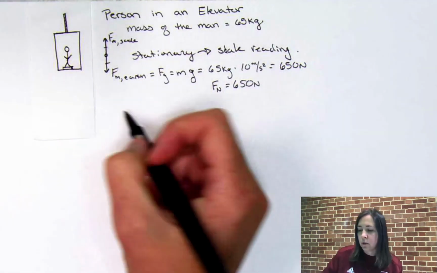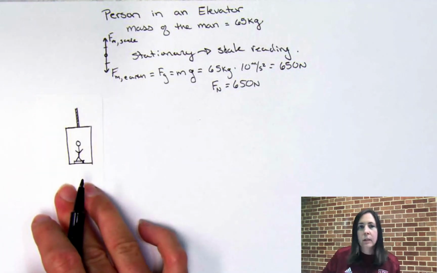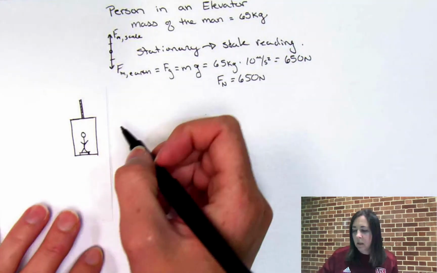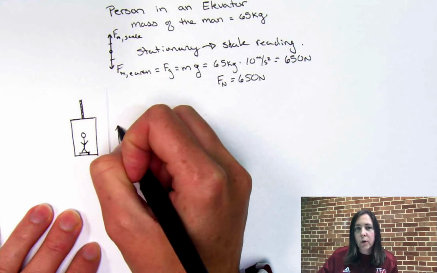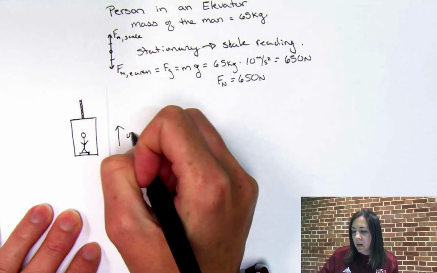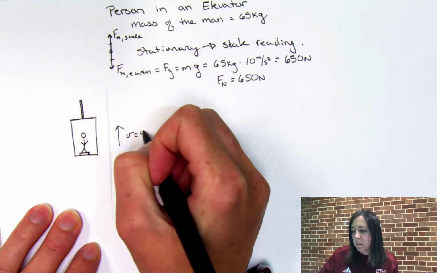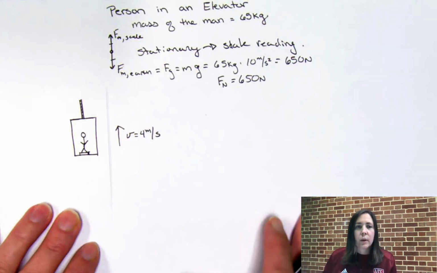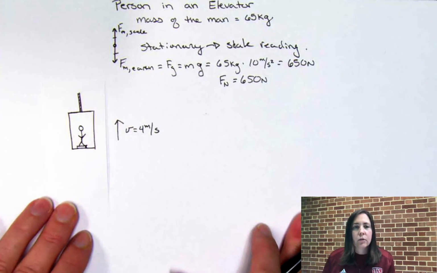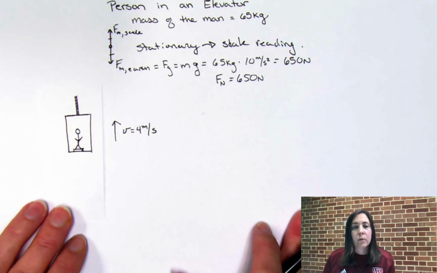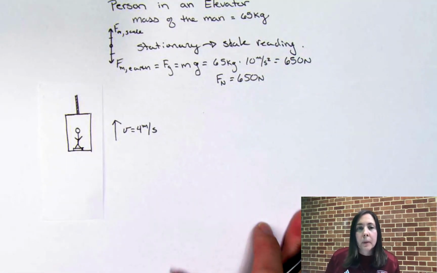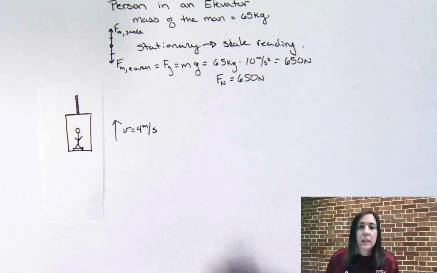How is this going to change then? How is this going to change if I have the man in the elevator and it's traveling upwards at a velocity of 4 meters per second? So here I have the man in the elevator traveling up at a velocity of 4 meters per second. Think about, is the elevator accelerating?